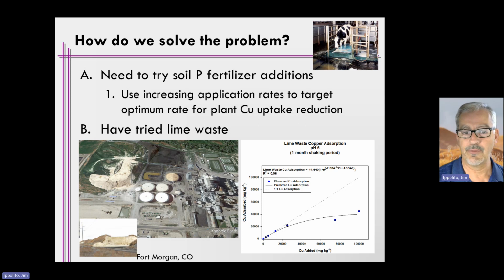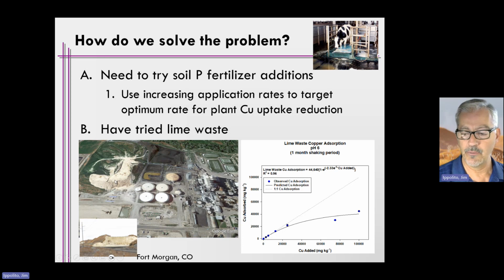In this area of the US, there was a sugar beet factory that generated a heck of a lot of lime waste from the production of sugar. That's what you see in the left-hand picture: this giant white pile, and it looks like there's some grass growing on it in some areas. That's all sugar beet lime waste, either uncovered or covered with grass.